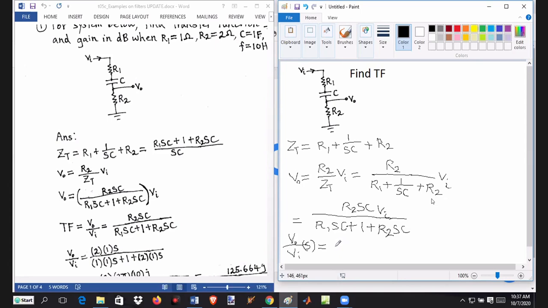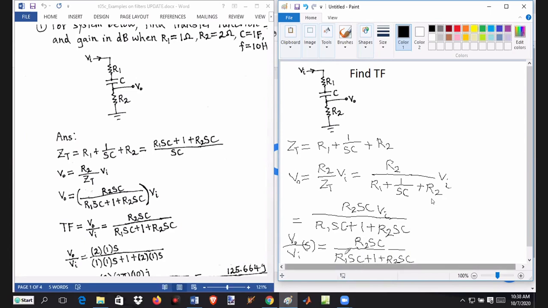So this is actually equal to R2SC over R1SC plus 1 plus R2SC.